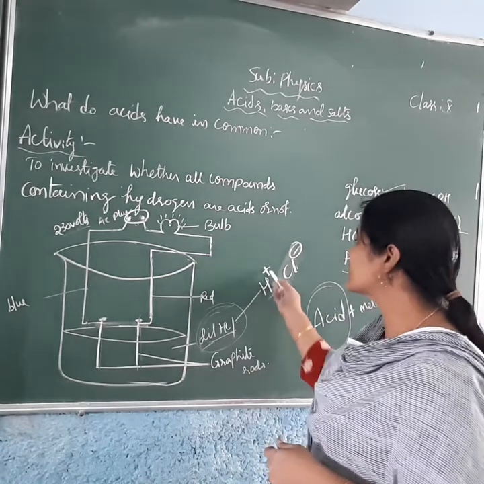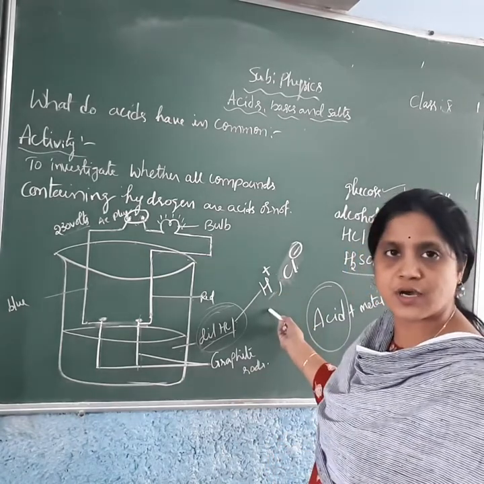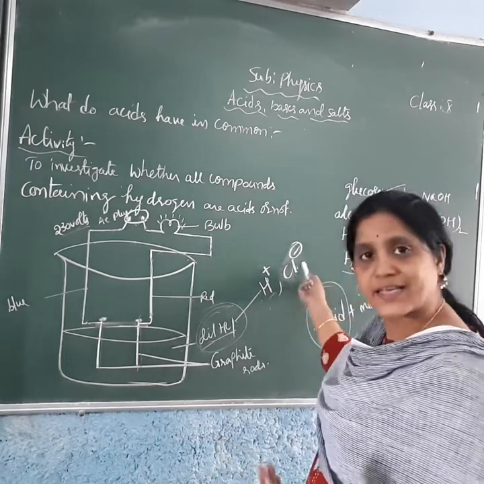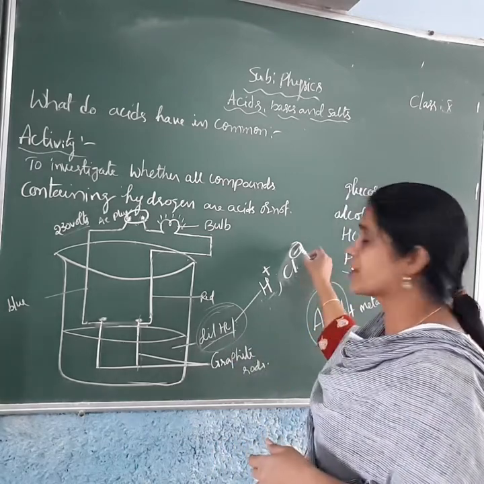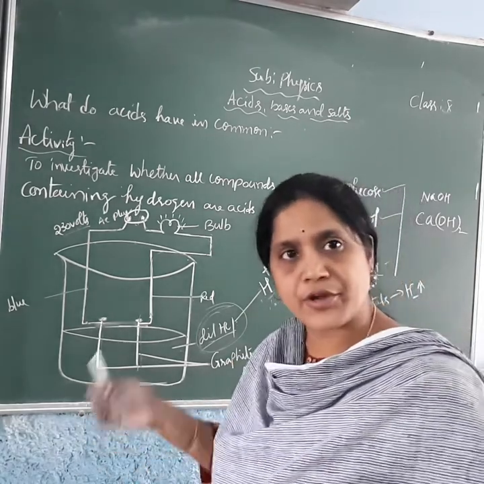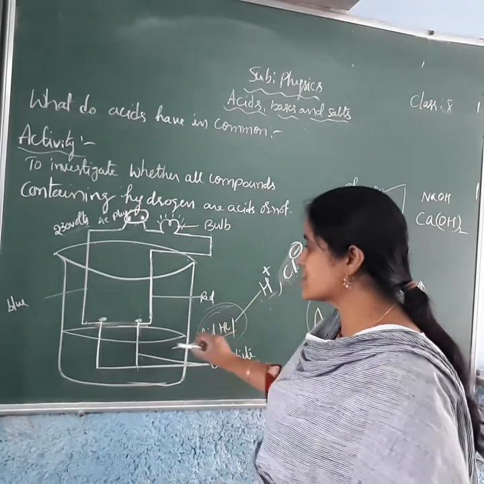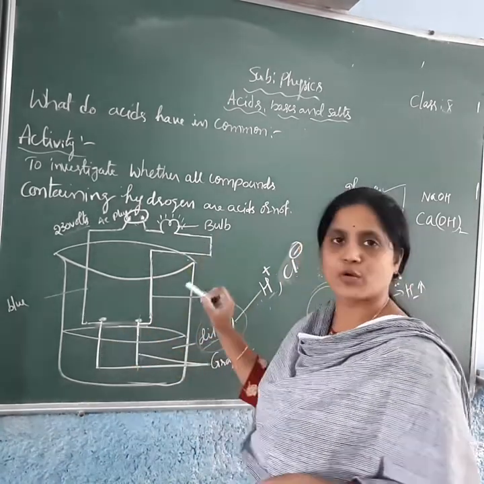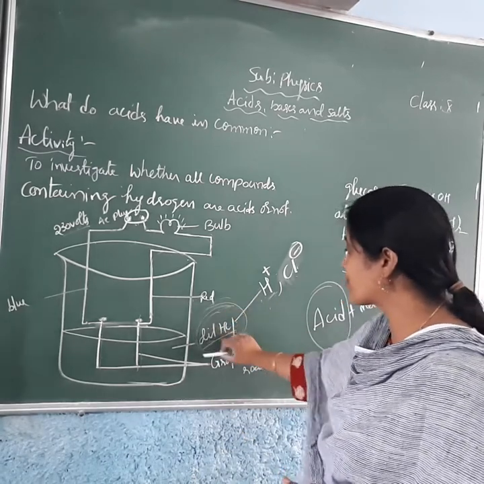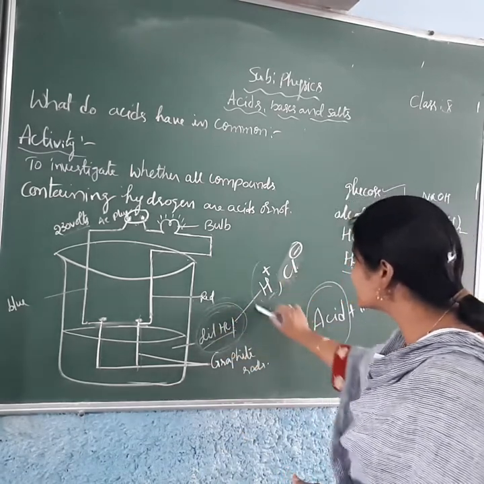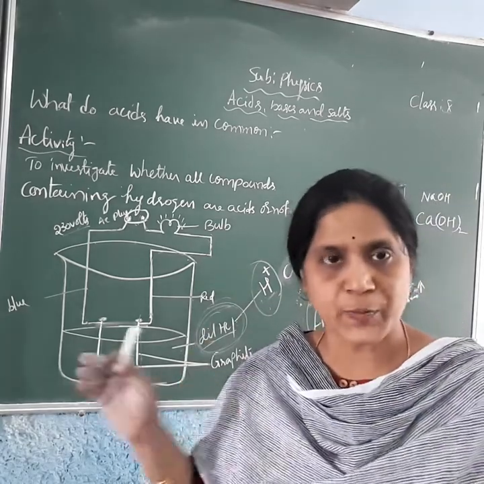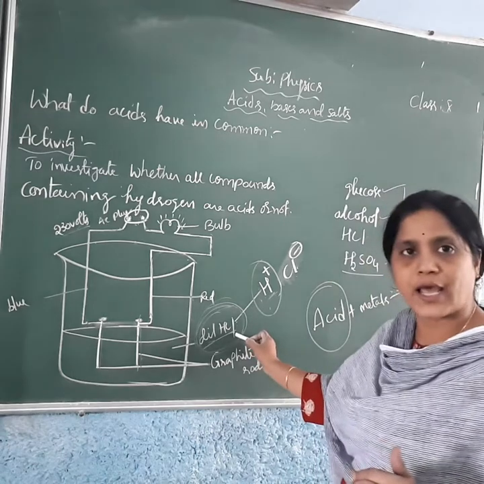When it loses electrons, it gets a positive charge, and we call it a cation. When an atom gains electrons, it gets a negative charge, and we call it an anion. Due to these ions in the solution, the bulb glows. Whatever dilute hydrochloric acid you have taken, it contains H plus ions, meaning hydrogen element is present in it.